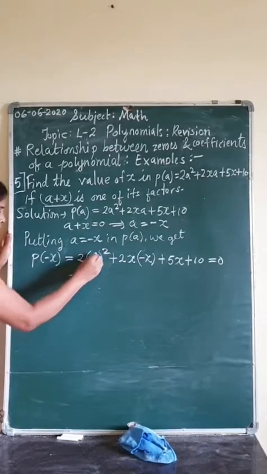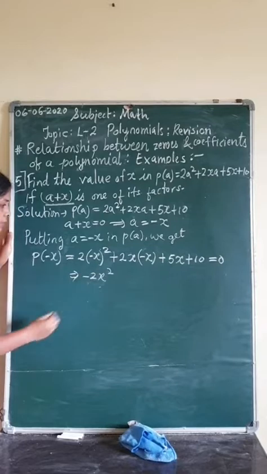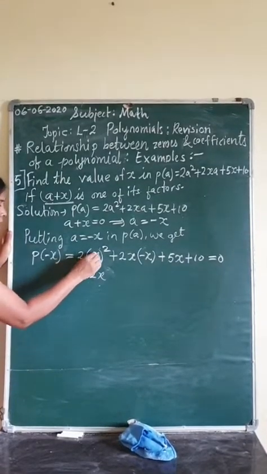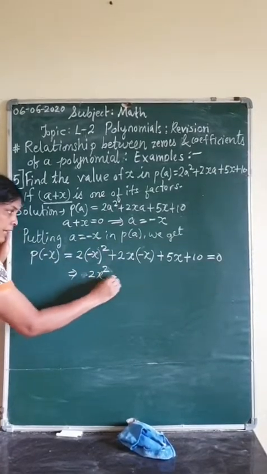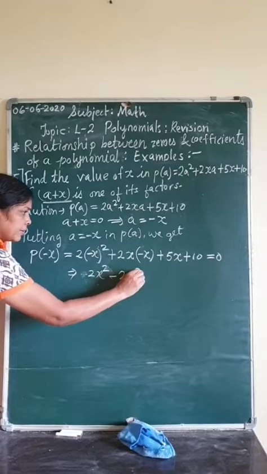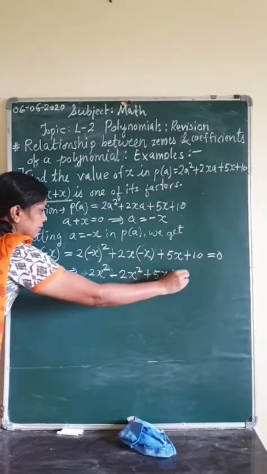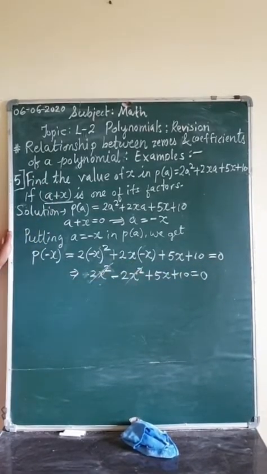So by solving this, what we get? Minus 2x square plus 2x square, because minus x whole bracket square gives us x square, minus 2x square plus 5x plus 10 is equal to 0. So here this gets cancelled.